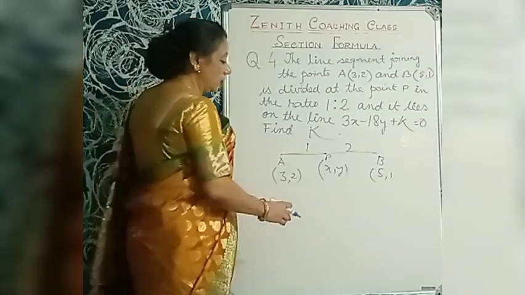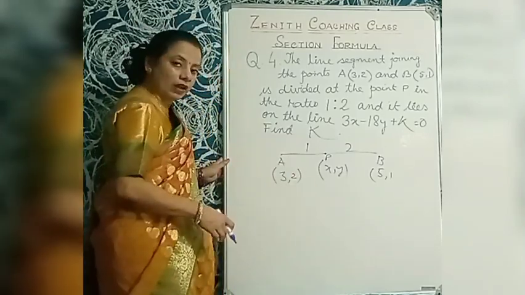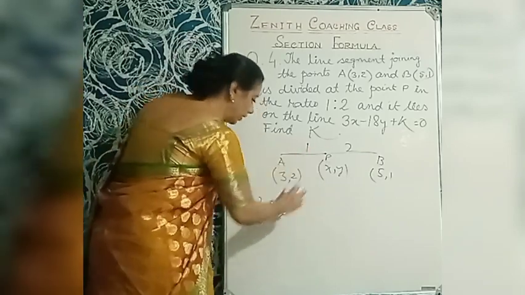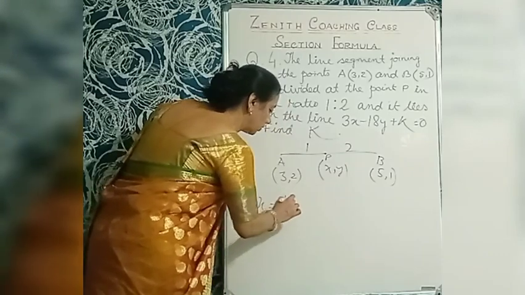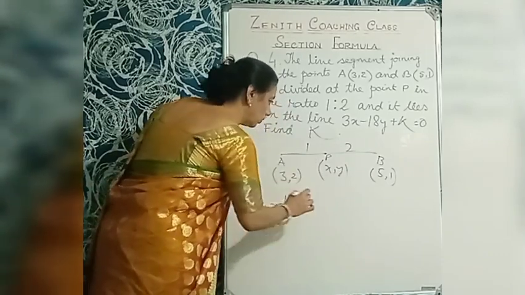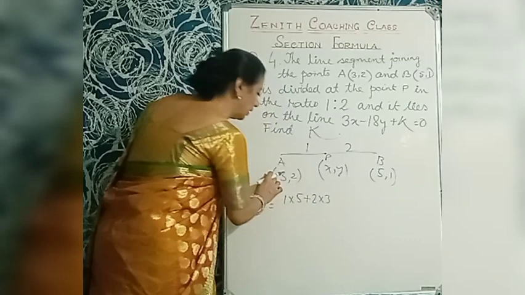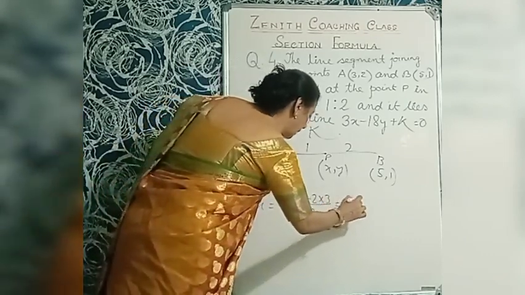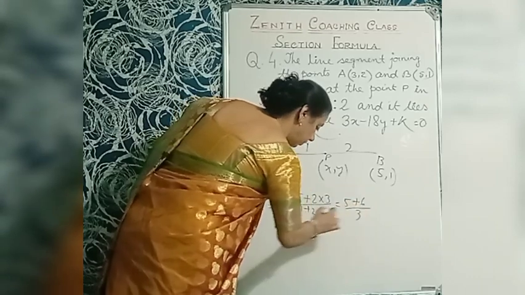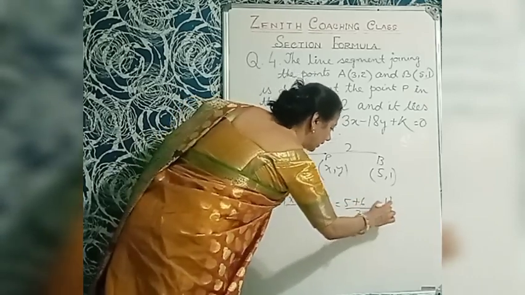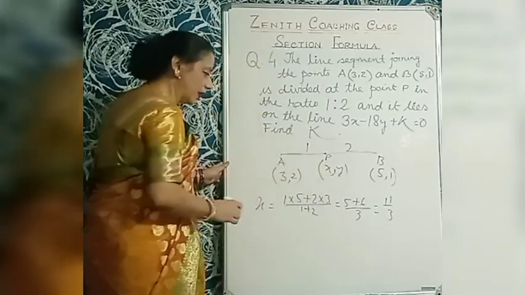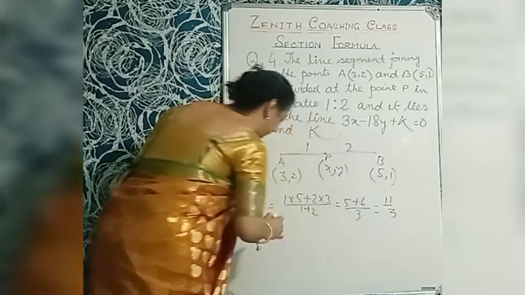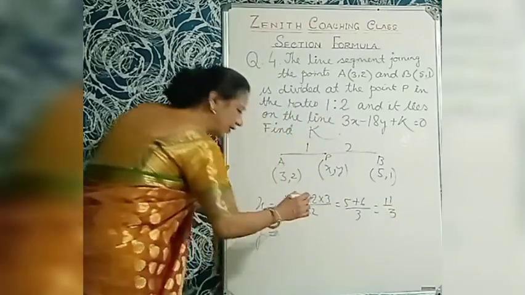So now you can easily find out the value of x and y. How? So x equals 1 into 5 plus 2 into 3, by 1 plus 2. That is 5 plus 6 by 3, that is 11 by 3. So it is x. Now in case of y, I am writing here properly. My handwriting is not good at all.